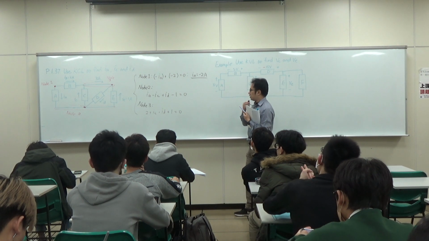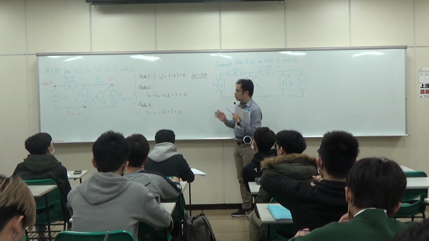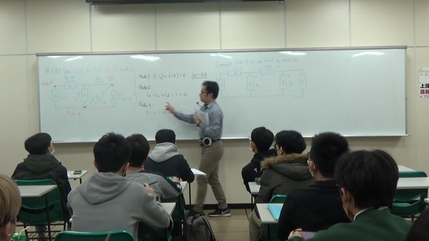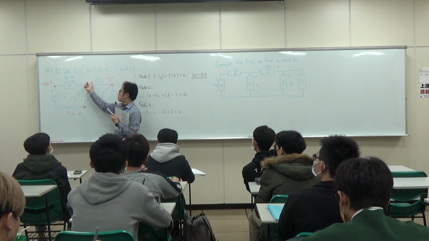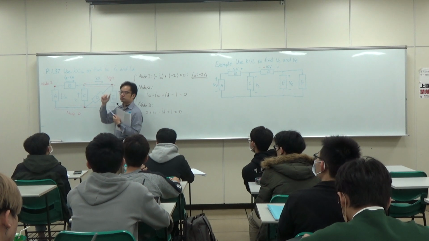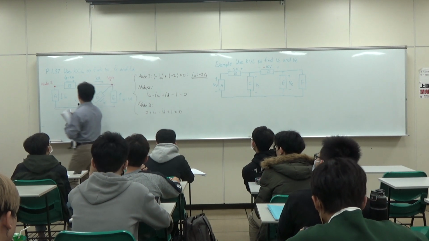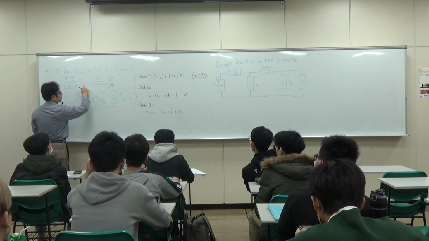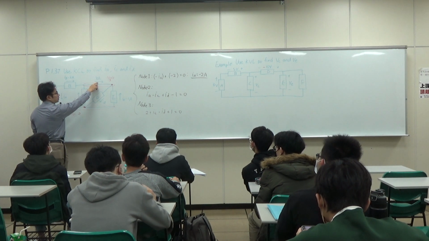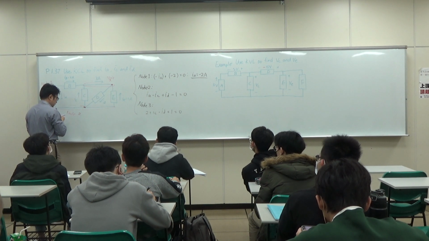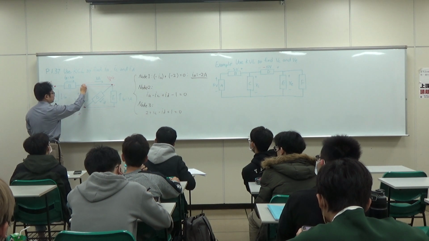Alright? And before you solve it, actually this problem gives us one more condition. It's 3 amp current flowing to the right. So, although this is a no, because they are all connected together, but because it gives this condition, we can focus on this.